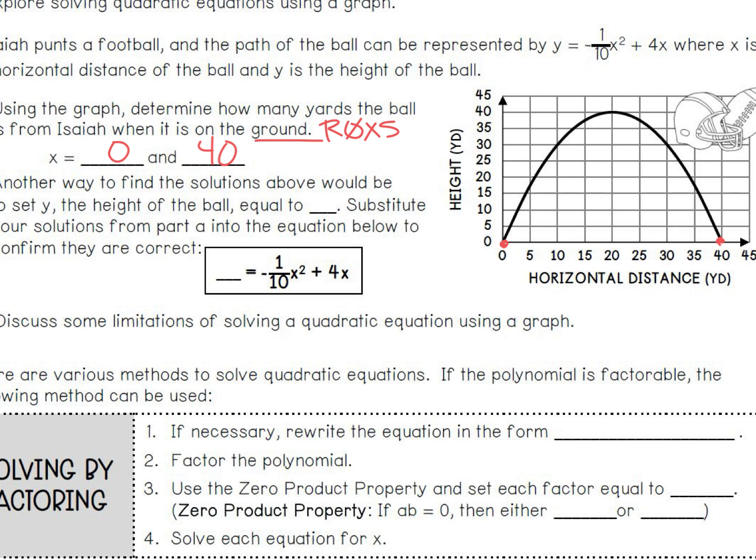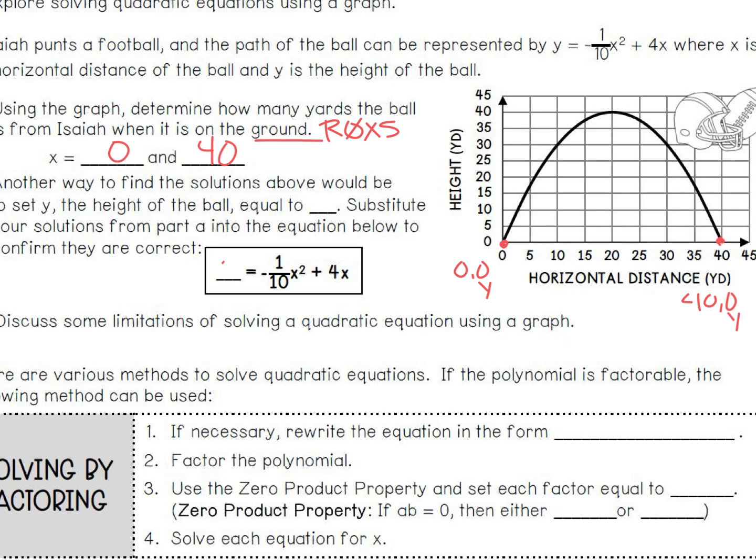We would set y, the height of the ball, equal to 0 because when we look at both of these coordinates, the y is in fact 0. Just when you put that in Desmos, again, don't set it equal to 0 because it won't do it for you. And then we're going to substitute our solutions to make sure they're true.